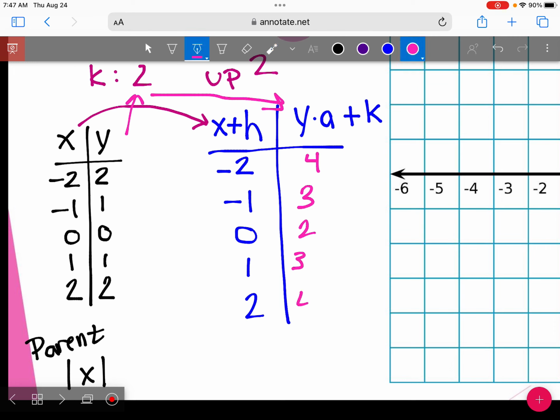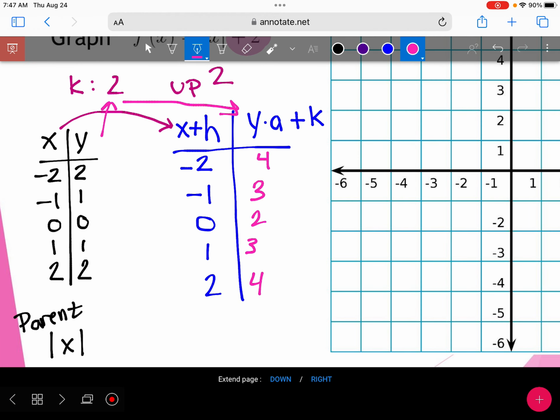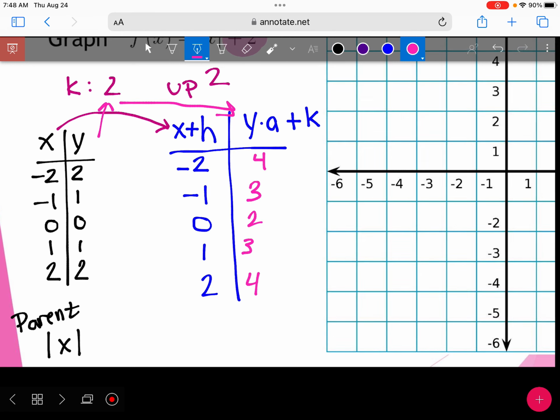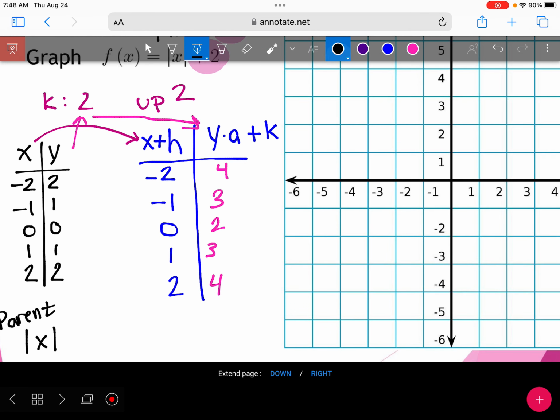And 2 plus 2 is 4. Yes. I'm taking this column plus my k and putting it in this column. So the x's, we would add to h, but we don't have an h, so we just plop them in. Okay? That gives us our points to graph.